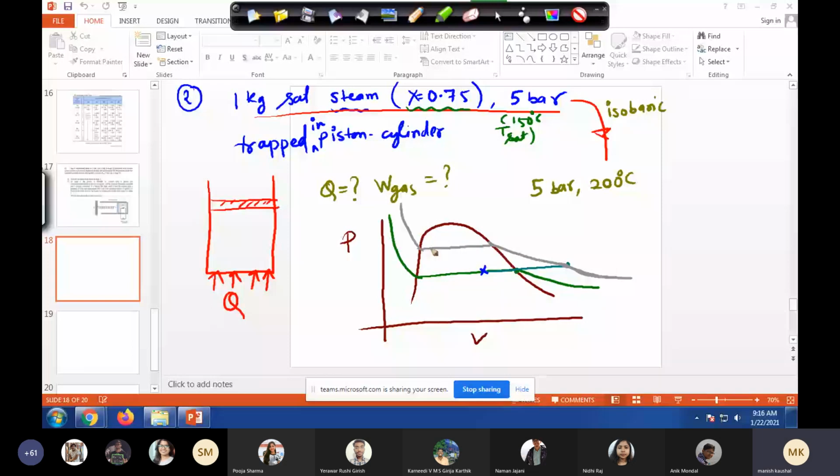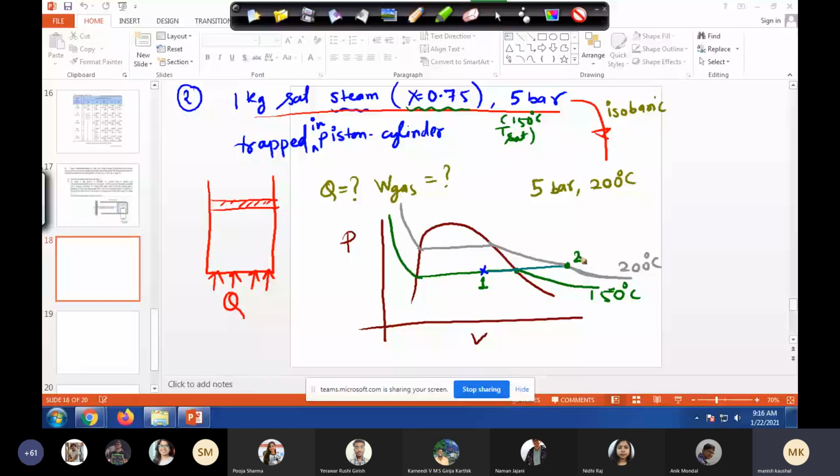This is 200 degrees Celsius, and this is 150 degrees Celsius. You should be comfortable with this diagram. This is stage 1. This is stage 2.